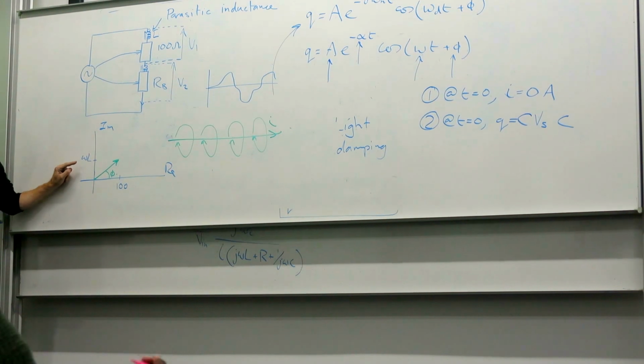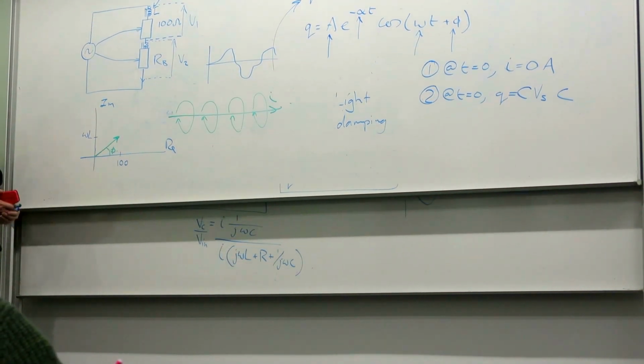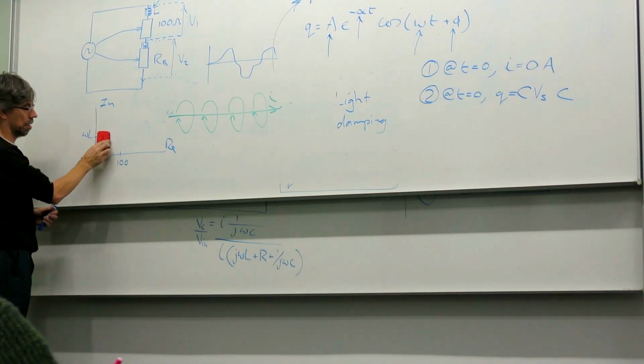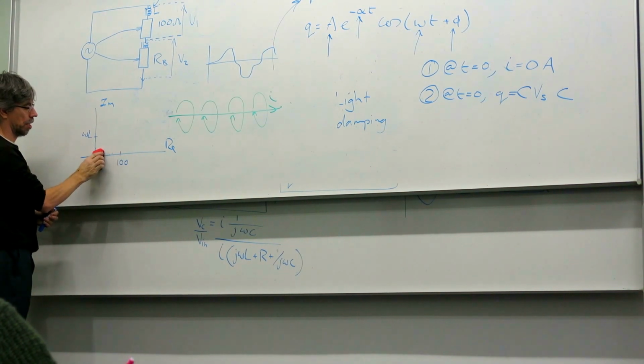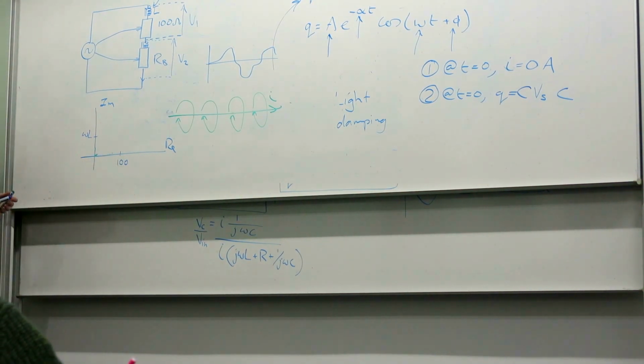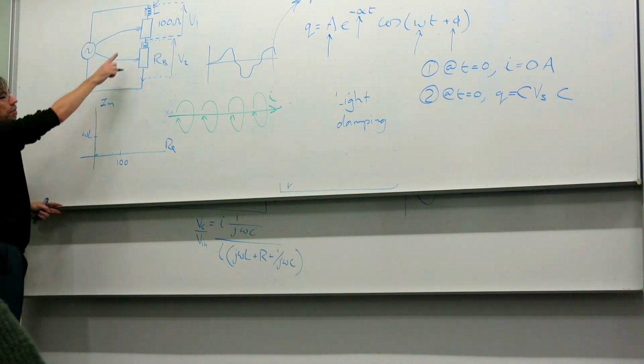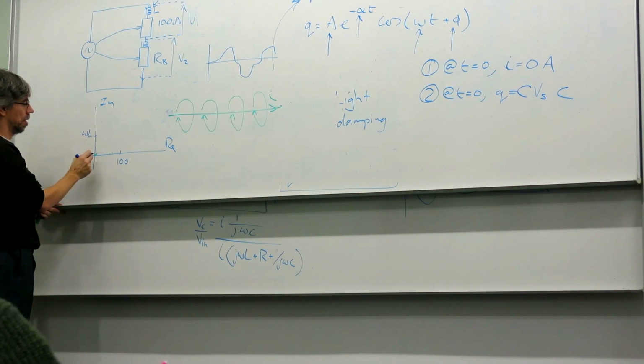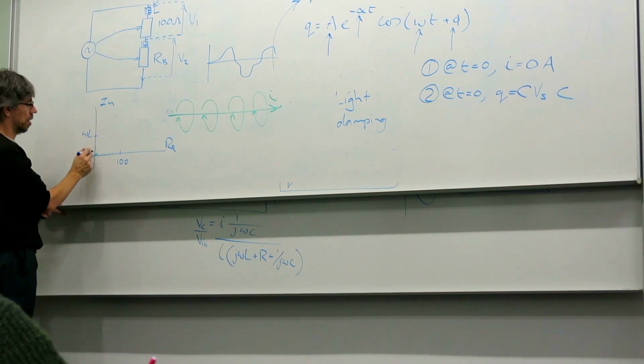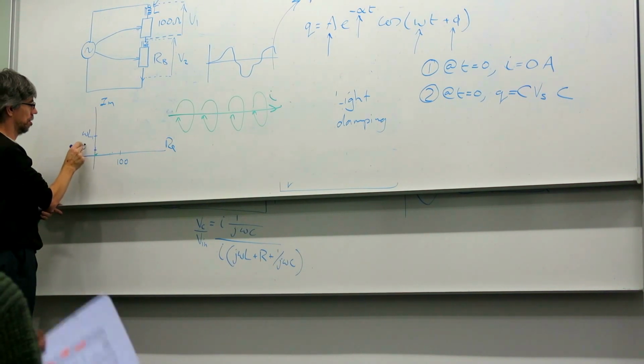So in terms of magnitude, if you think about the length of this line, the length gives you the magnitude ratio between the current and the voltage. And the current's the same through both of them. So let's say that's omega L1 and that's omega L2.